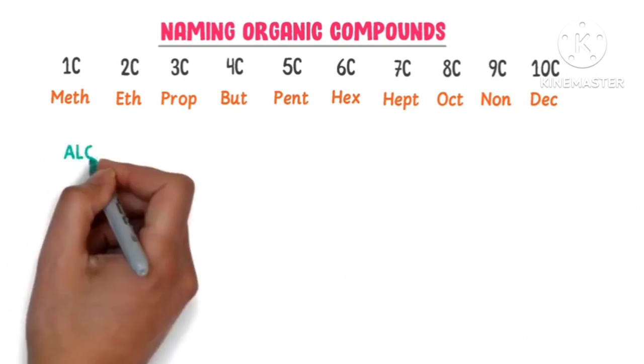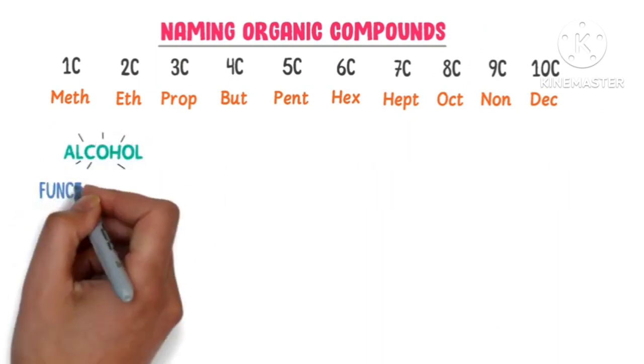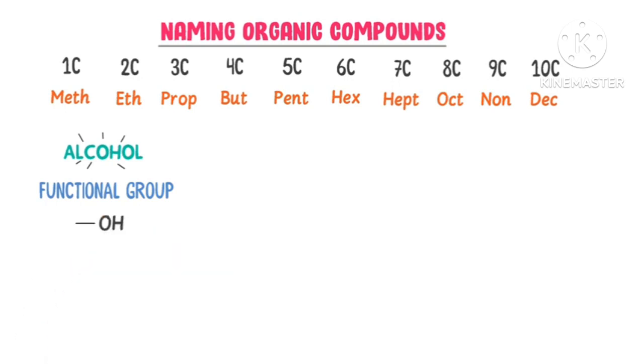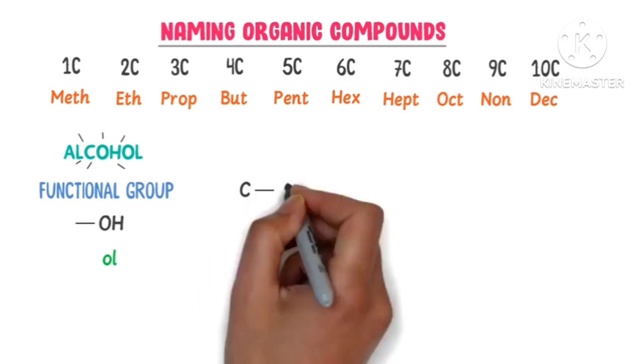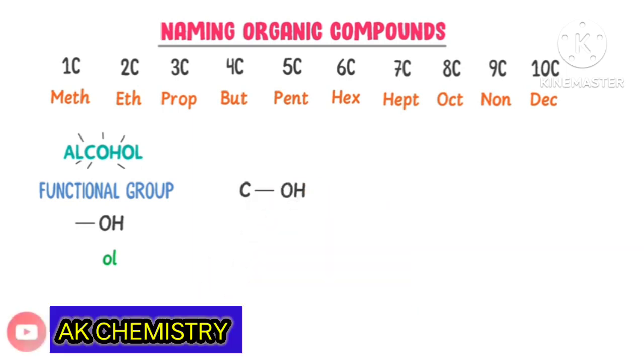For example, consider alcohol. The functional group of alcohol is OH. We use ol for alcohol while naming its compounds. For example, consider a single carbon atom to form a single bond with OH. Now this whole thing is alcohol because it contains OH functional group.